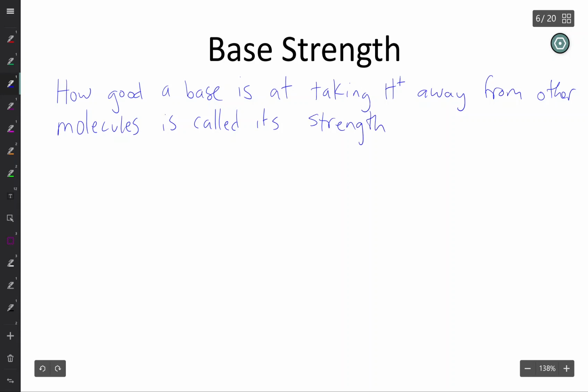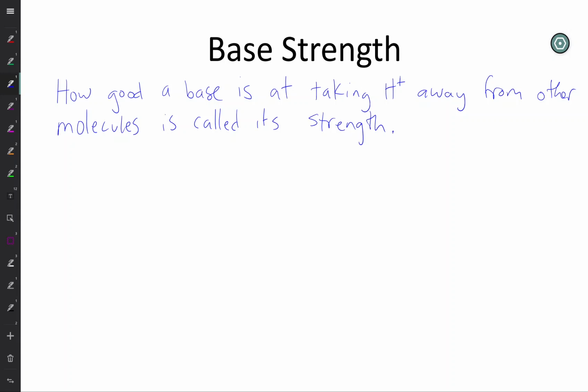Base strength is a little more intuitive because we think of strength as the ability to hold on to something or go grab something. The strength of a base is really how good it is at going at and ripping H plus away from other molecules. So a really strong base is one that takes H plus away from molecules easily. A really weak base is one that is unlikely to go take H plus away from another molecule.